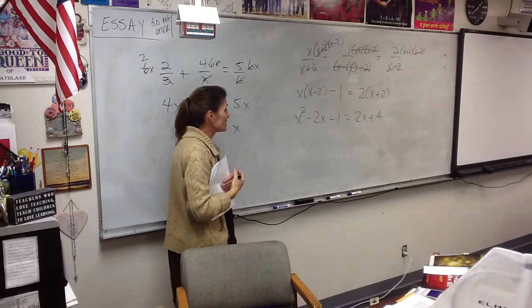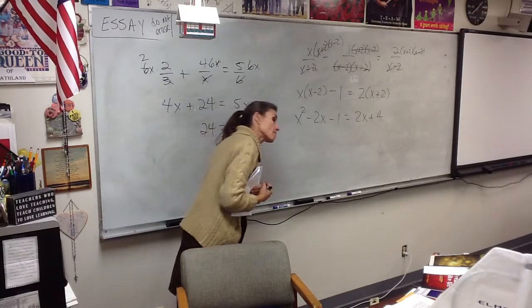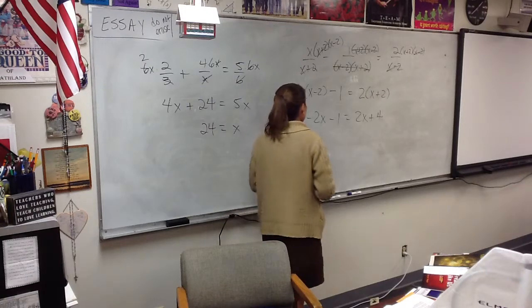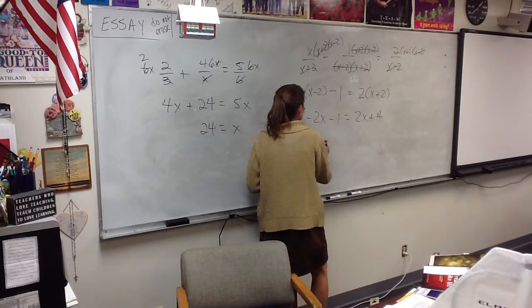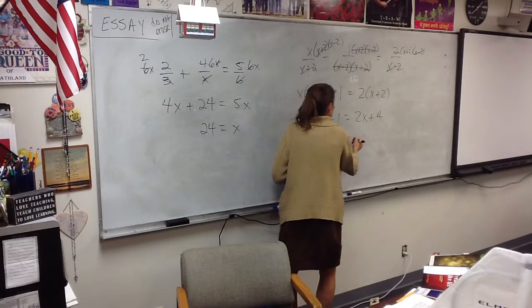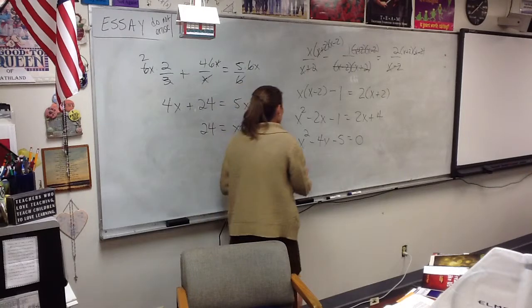What do I do now? Put all the terms together. Exactly. I'm moving everything over, getting my 0 again. So I'll have x squared minus 4x minus 5. That will factor.